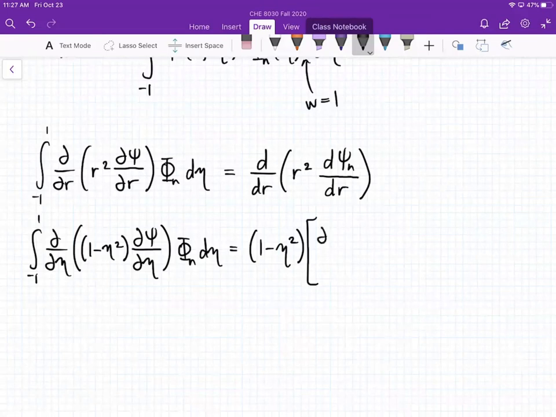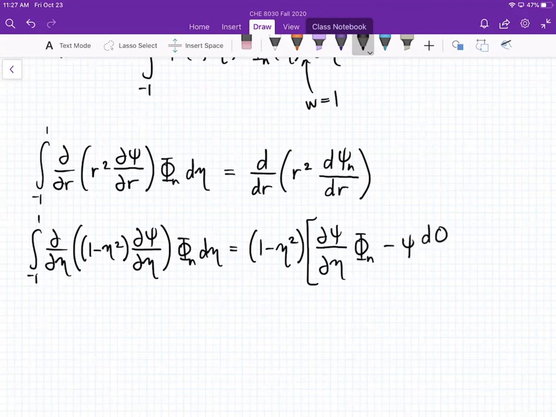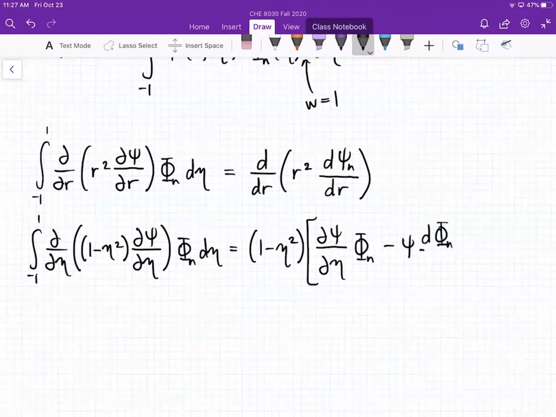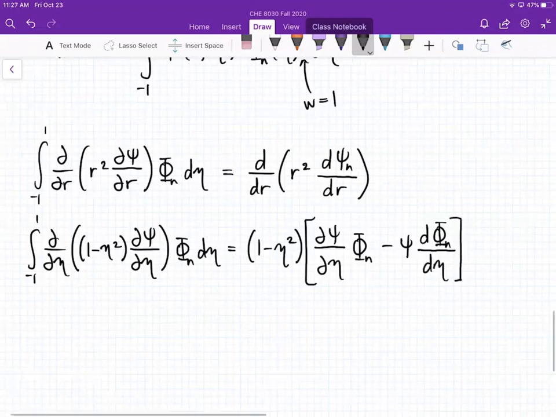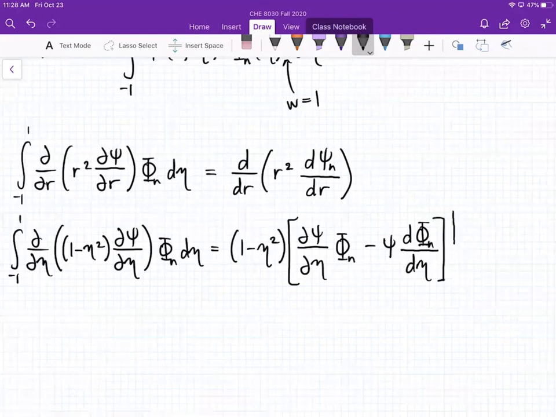We have the partial of psi with respect to eta multiplied by our basis function minus psi multiplied by the derivative of our basis function. Because our integral was from -1 to 1, we need to evaluate these terms at eta equals -1 and eta equals 1.